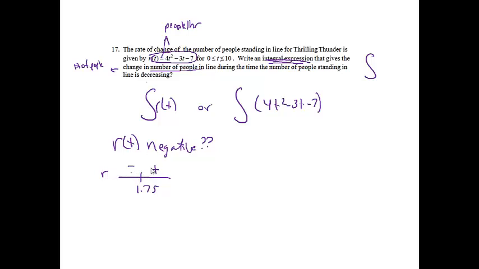I don't have a specific picture of what that looked like, but I do know that that's what's happening. So when I have that, all I have to do now is go from 0 to 1.75, that's when the number of people standing in line was decreasing. So it's going to go from 0 to 1.75. I should have a dt to let people know my variable is t, but that's it.